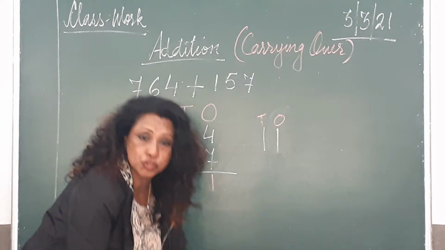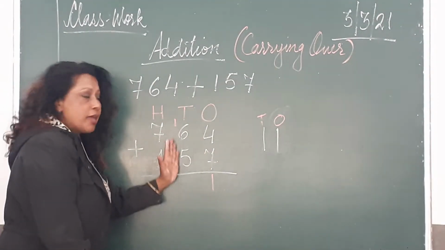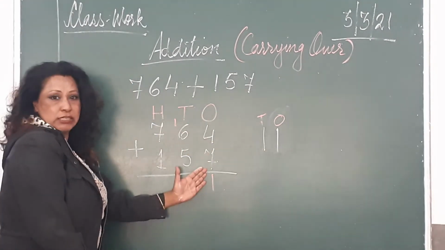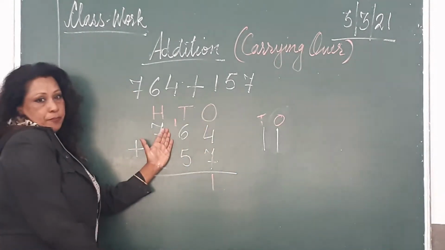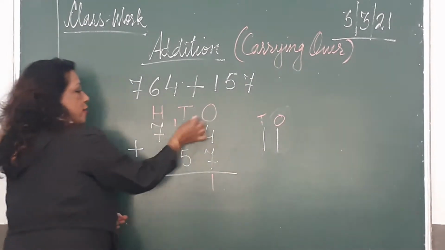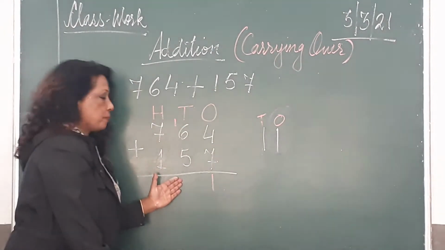Okay, how did you get 3 numbers here? Because 6 and 5 were already there. And this 1 was given by the number which you added here. So out of 11, 1 ten came here. So this is the carried over. So this one you carry over here. Alright. Now you have 3 numbers here.